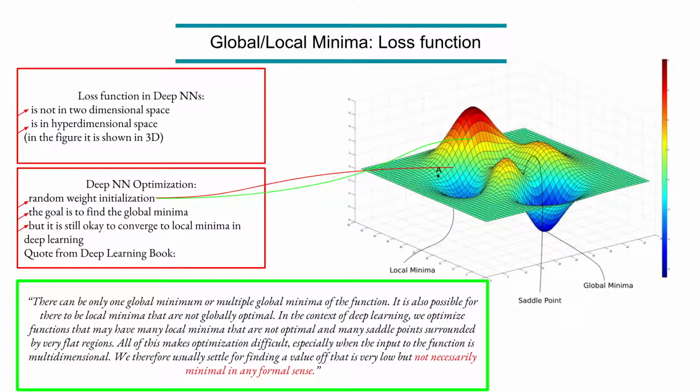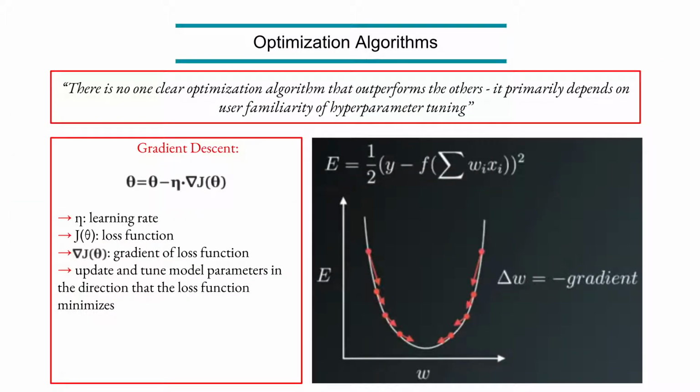So you don't need to reach the global minima. It's still okay to reach a local minima as well. There's no one clear optimization algorithm that outperforms the others. It's just the user's familiarity with hyperparameter tuning.